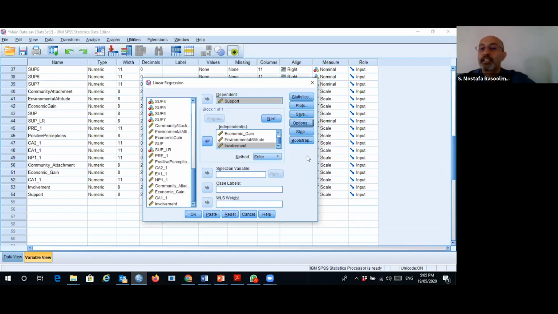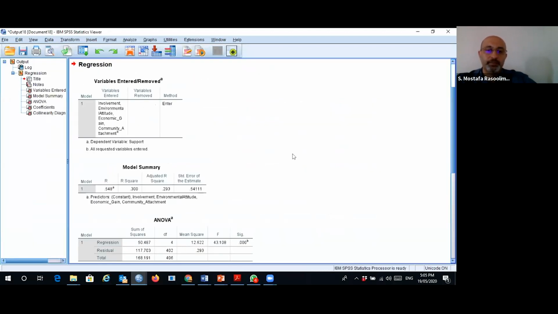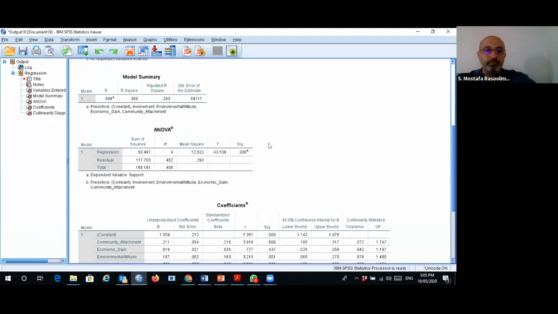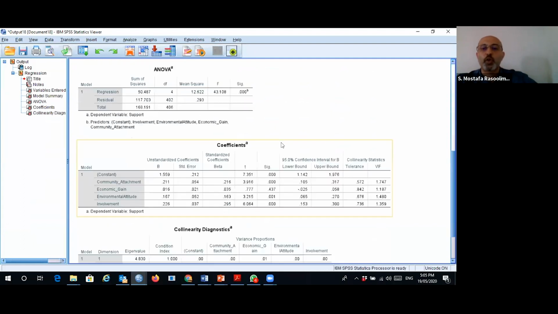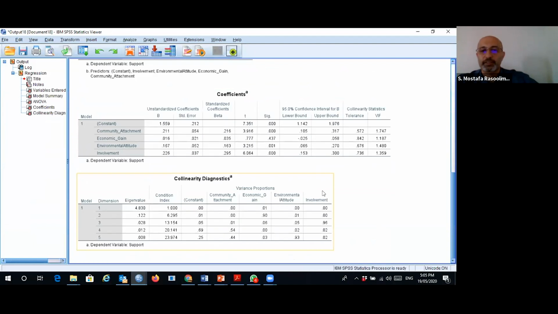But not here. In SPSS, you don't have any alternative technique. So click on OK. This is the result of your multiple regression.